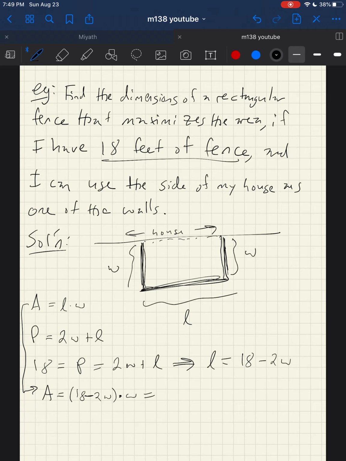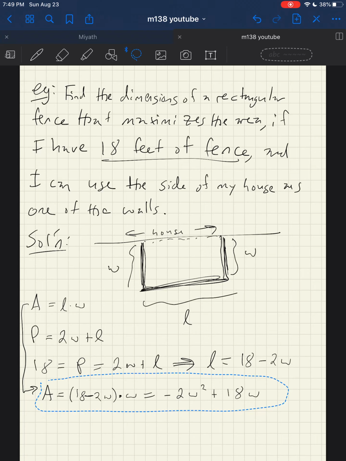Let me simplify this, and this is negative 2W squared plus 18W. Now let me just copy this and move this over to the next page. I'm kind of running out of room.